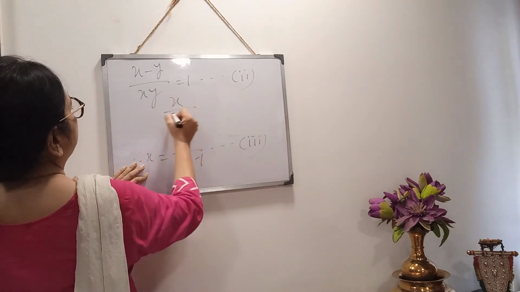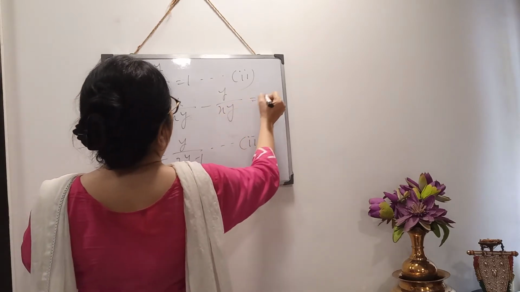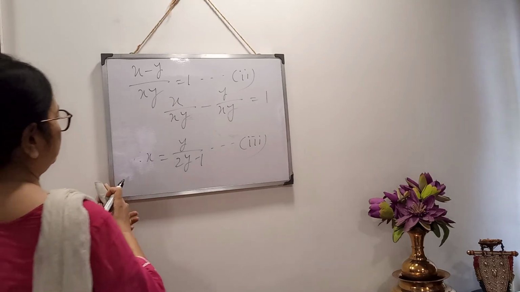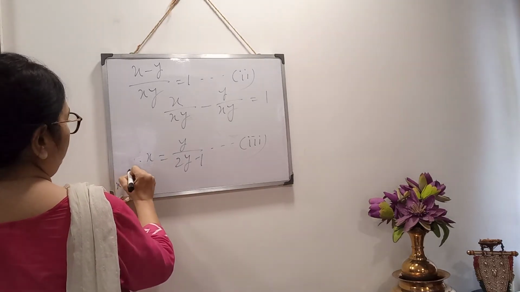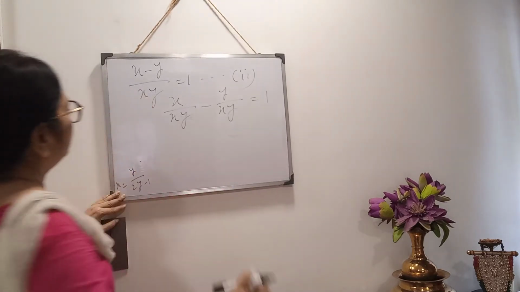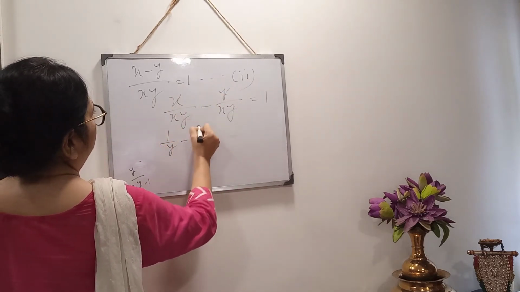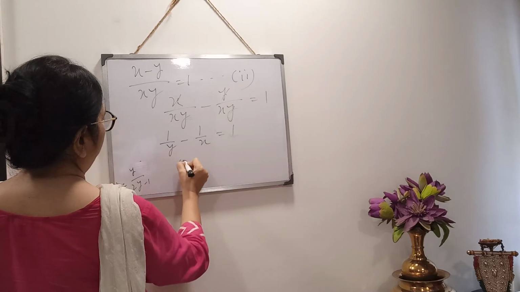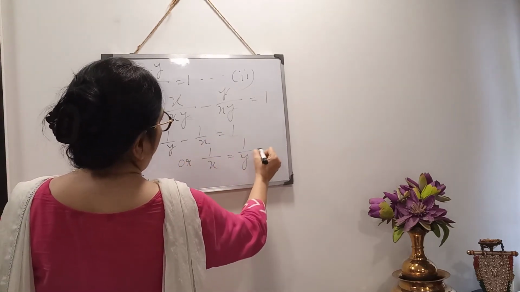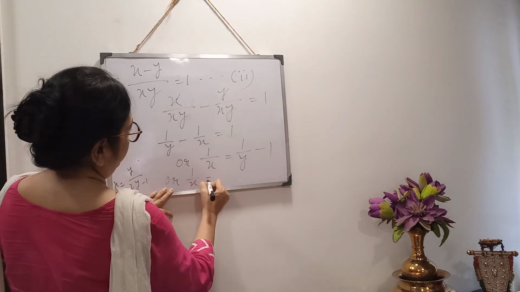Again separate in this way: 1 by y minus 1 by x equals 1, or 1 by x equals 1 by y minus 1, or take the LCM.